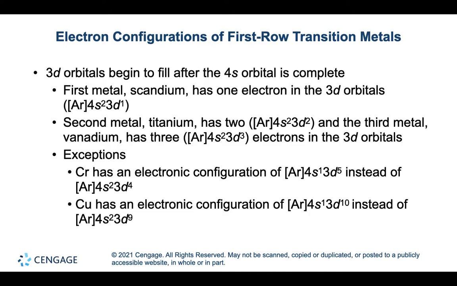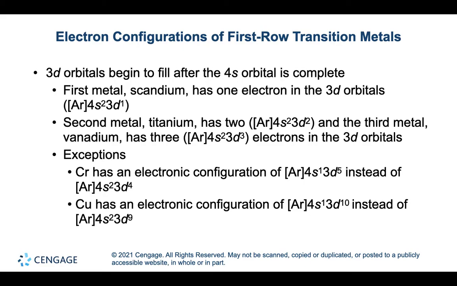This is one where you would not get the correct electron configuration if you just followed that pattern. 4s2 3d4 is what you expect, but to minimize the repulsion in the 4s, you actually move one of the 4s electrons to the empty 3d to make 4s1 3d5. And so instead of having 2 paired electrons and 4 singles, you have 6 single electrons.